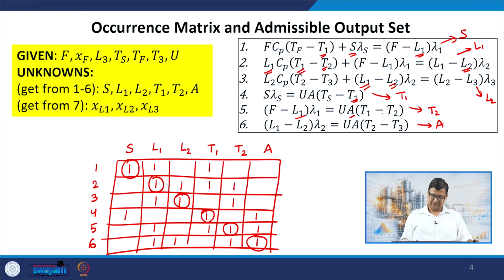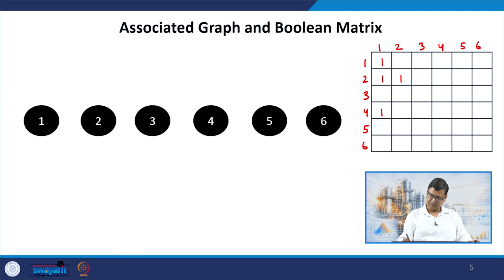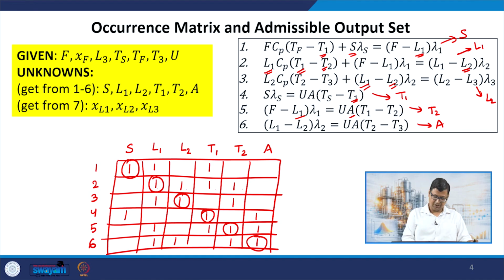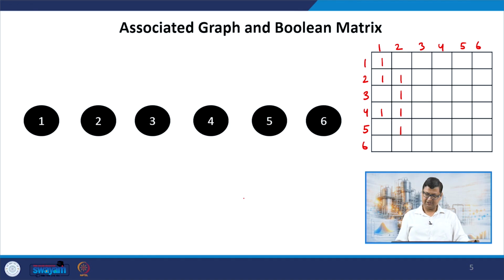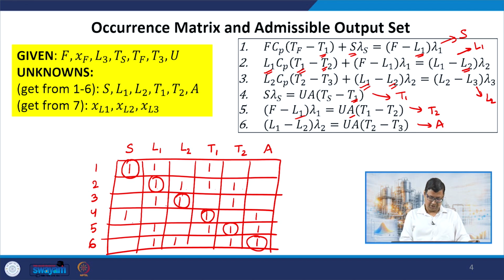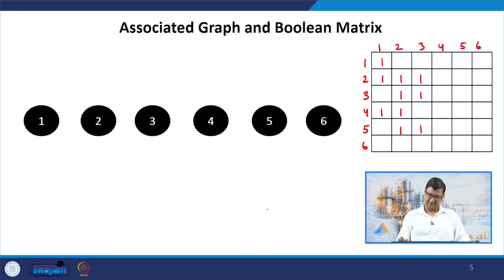Then second row is 3 4, that becomes a column here. The third row is second, third and fifth, that becomes a column here. The fourth row is first, fourth and sixth, that also becomes a column here.